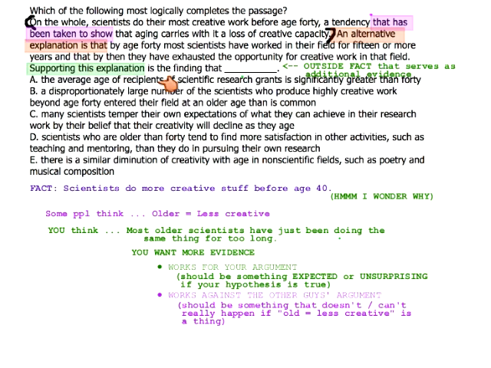Choice A says the average age of recipients of research grants is greater than 40. Well, there's a big hole here. We don't really have any connection between this and what else.